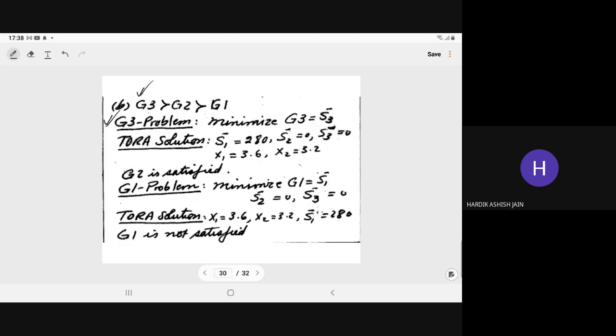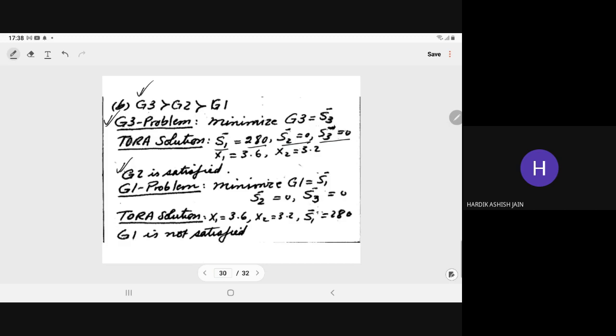When you solve it, you will get S1 minus as 280, S2 minus is equal to 0, S3 minus is equal to 0. It means goal 3 as well as goal 2 are achieved, since S2 minus and S3 minus are coming 0.